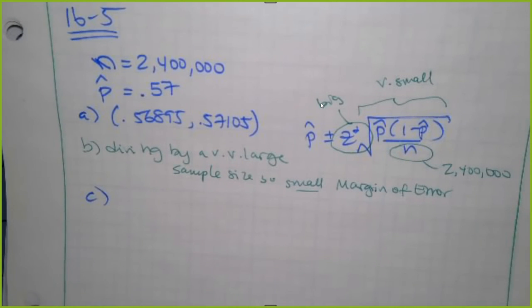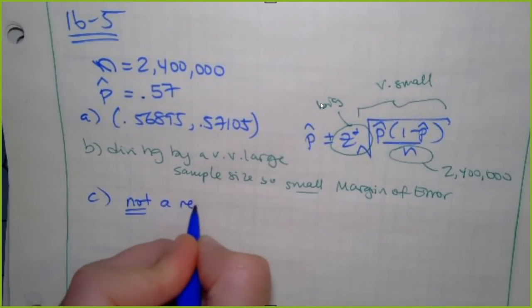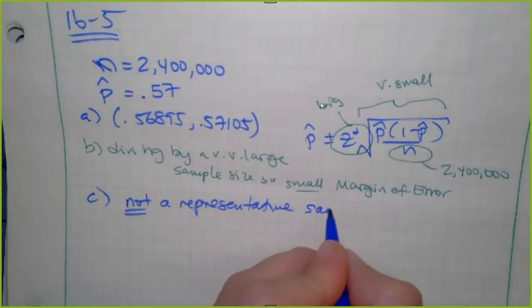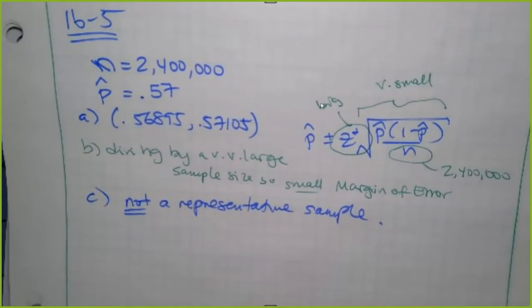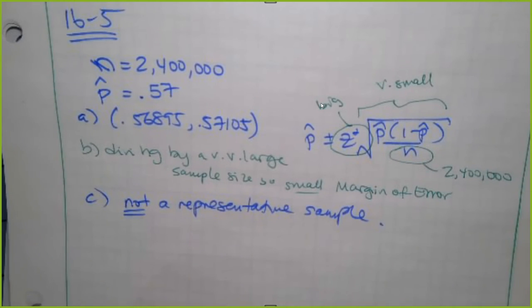All right. Now, very important for today. In the actual election, 37% of people voted for Alf Landon. Why did this interval miss so hard? I hope you remember this. This is not at all a representative sample. And what that means is the center of this interval is super off the mark.